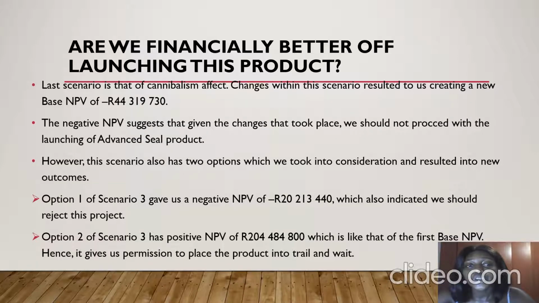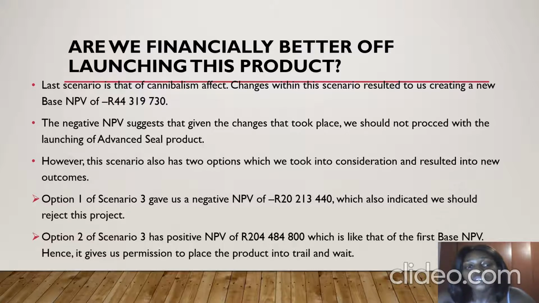The last scenario we're going to look at is that of the cannibalism effect, which resulted in a base NPV of negative 443,170. This negative NPV suggested that we reject launching this product. However, there were 2 options within the scenario. Option 1 gave us a negative NPV, which suggested that we reject this product.